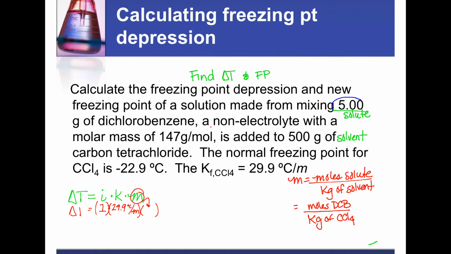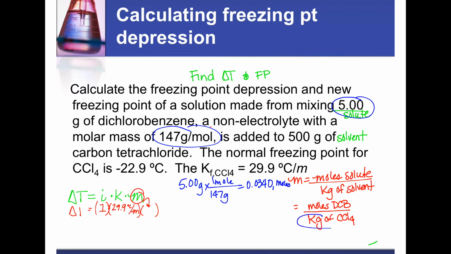It tells me that I have 500 grams and that the molar mass is 147. So, not 500 grams, 5 grams, and the molar mass is 147 grams per mole. So I got 0.0340 moles, and there was a 1 past that.